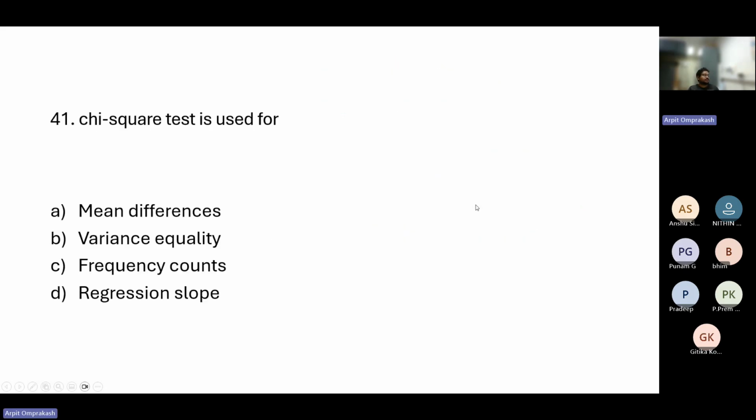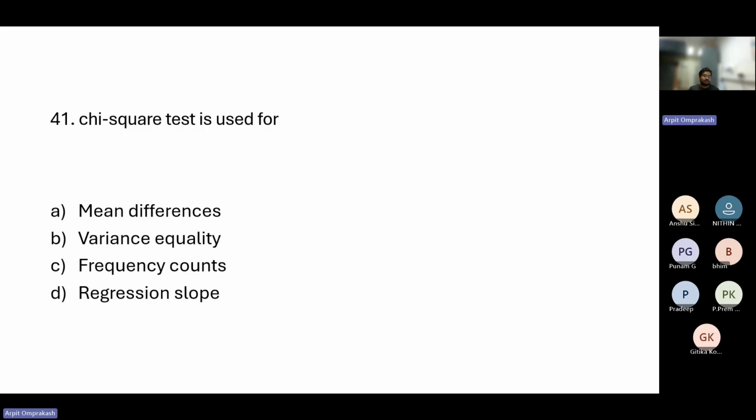Next question is, chi-square test is used for dash. A, mean differences, B, variance equality, C, frequency counts, or D, regression suite. Okay.